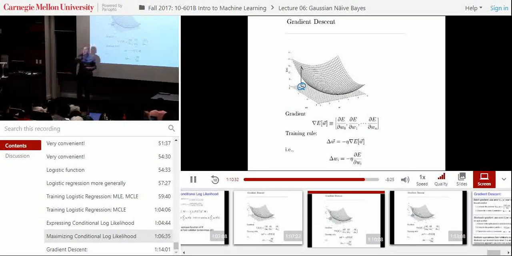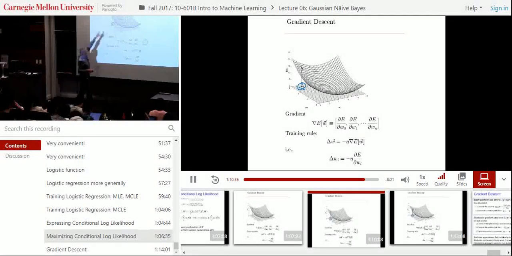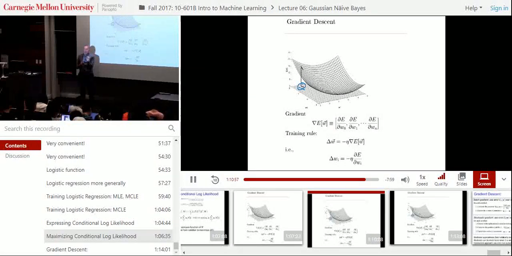And so the gradient descent algorithm simply says, know how to calculate the thing you're trying to optimize with respect to W, and then start with a random choice of W, W0 and W1, the vector. Calculate the gradient, calculate the direction of steepest descent, move your weights in that direction a little bit. Why a little bit?